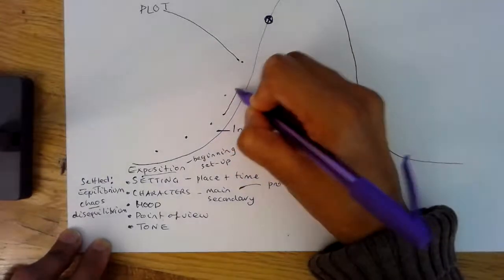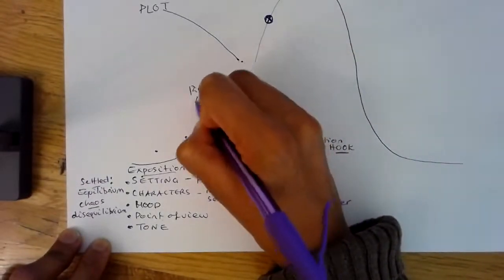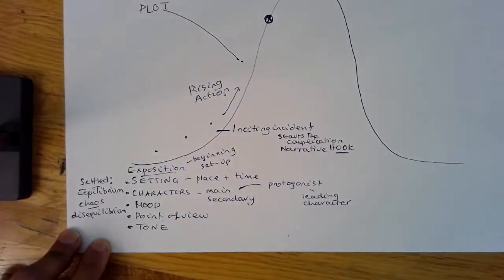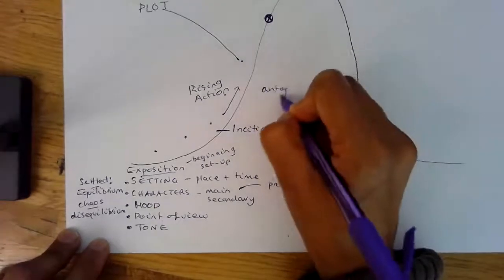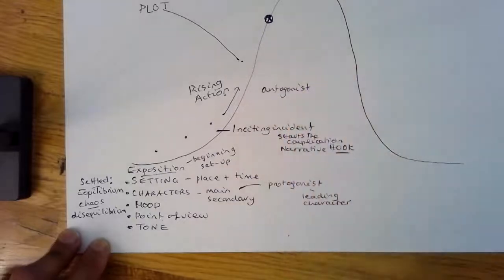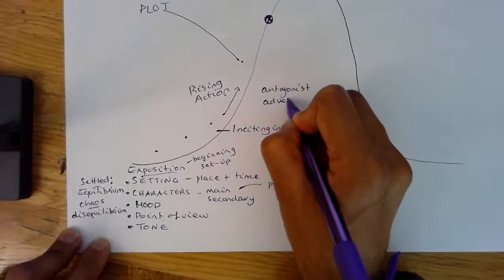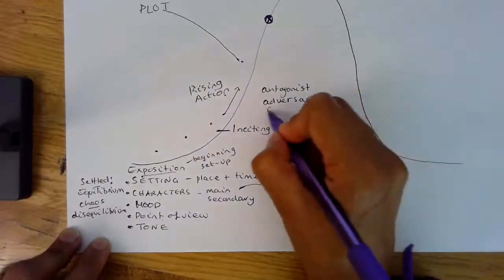Next, as we're going up, we have the rising action. This is when we know who the protagonist may be, the leading character, the main character, and we may know who the antagonist is. This is the protagonist's adversary or the opponent.